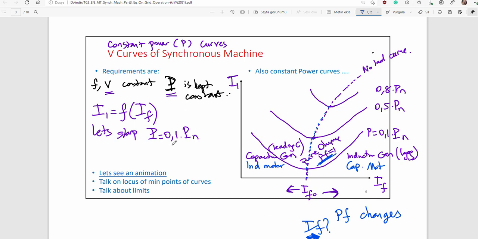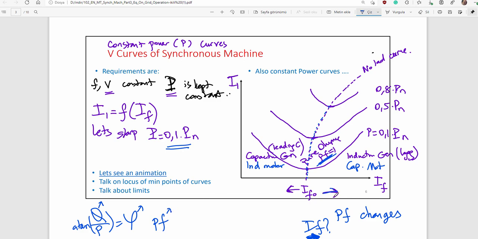Since you keep active power constant, the ratio of reactive over active power is tan phi, where phi is the phase angle. So cosine phi, which is power factor, will change. When you change field current, machine reactive power will change, phi will change, power factor will change.